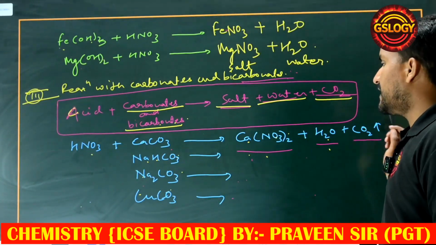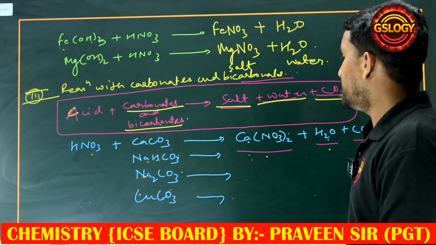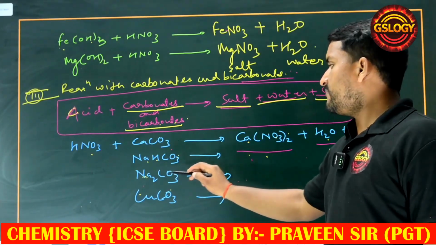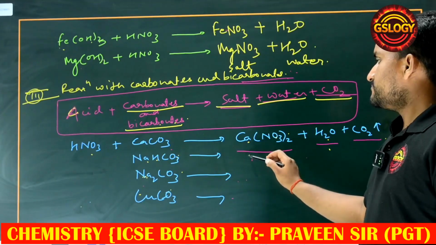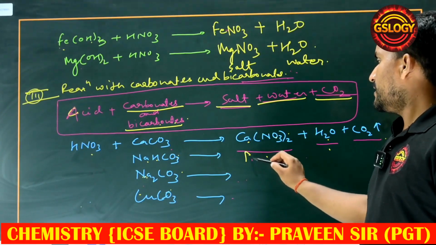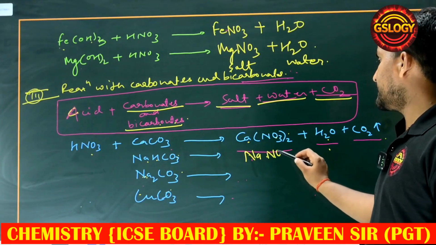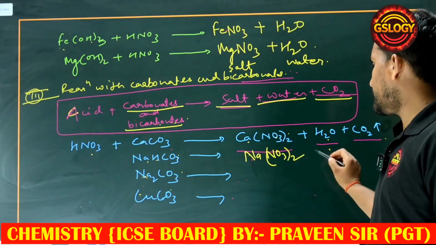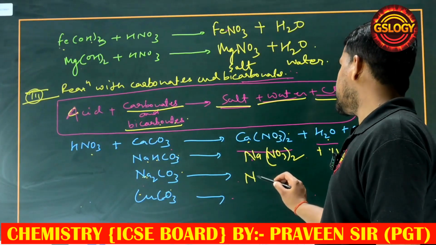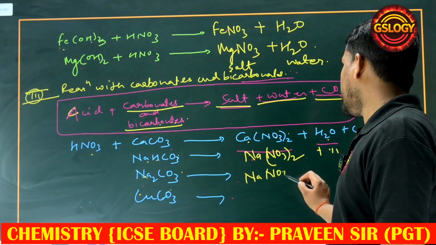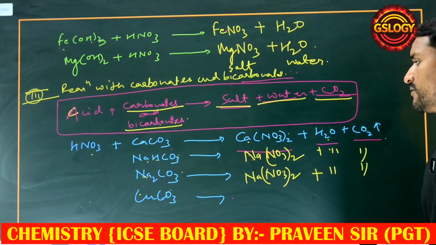Nitric acid, HNO3, reacts with sodium carbonate, then it will form sodium nitrate, water, and carbon dioxide, and copper carbonate forms copper nitrate plus water and carbon dioxide.